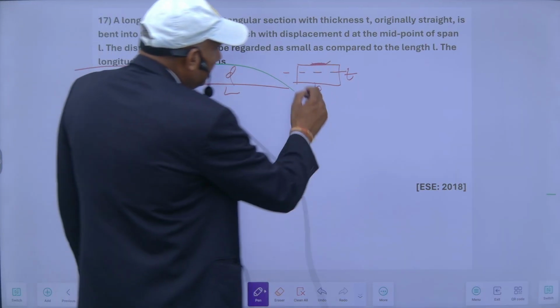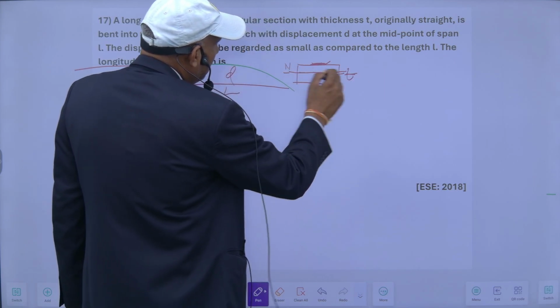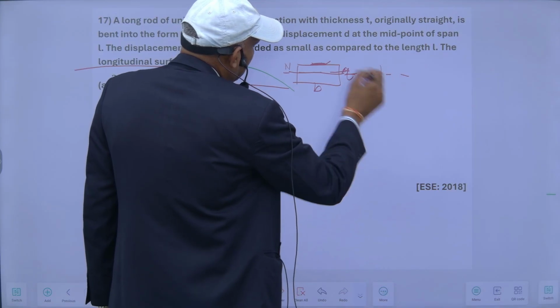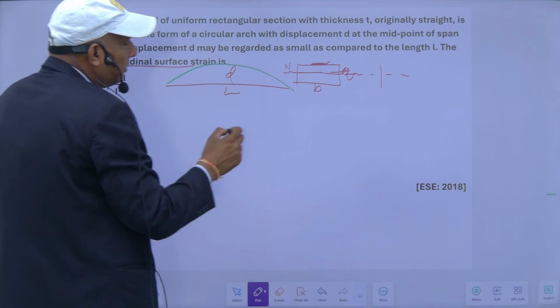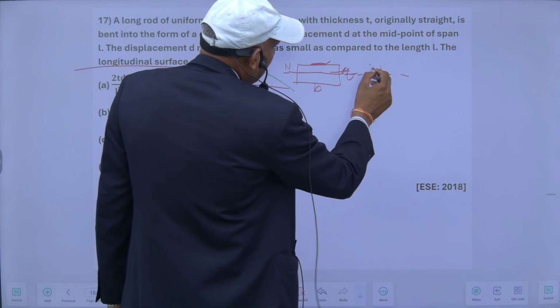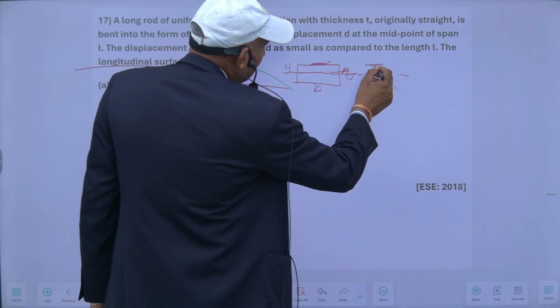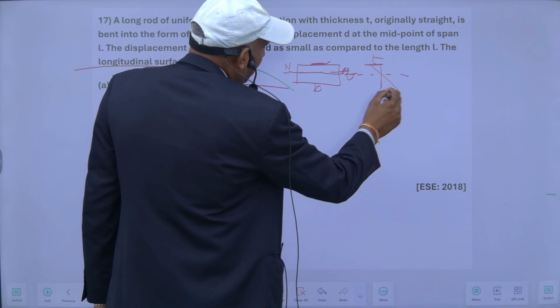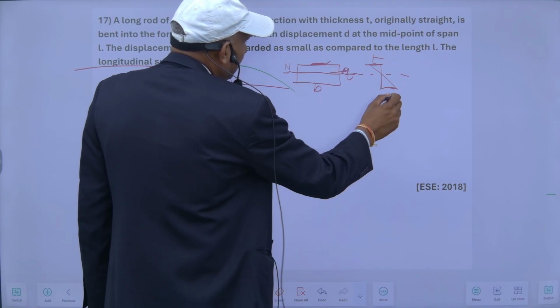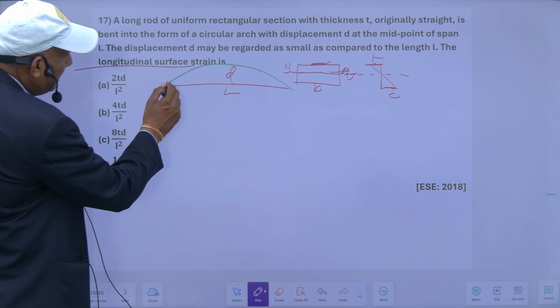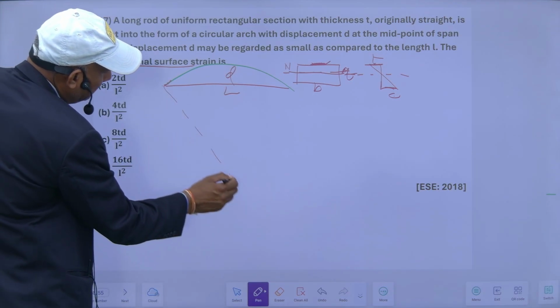This is the position of the neutral axis, and after deformation it will be like this. Tensile stresses will be there on the top and compressive stress will be here. This is the stress diagram. If I meet this one, this is the circular arc.